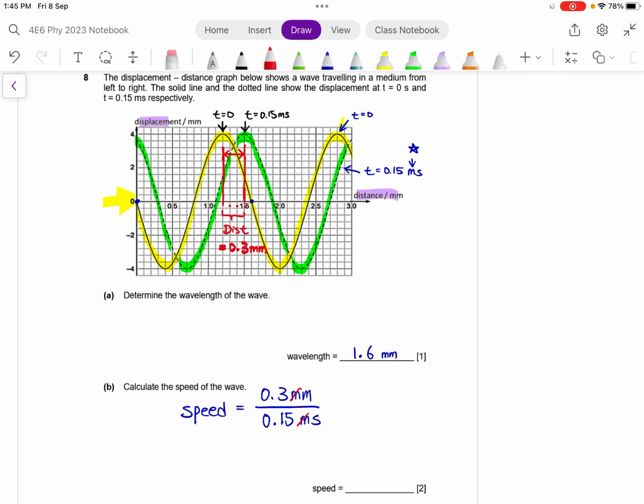After you do the math, you will find that the speed is about 2000 millimeter per second, which is 2.0 meter per second.